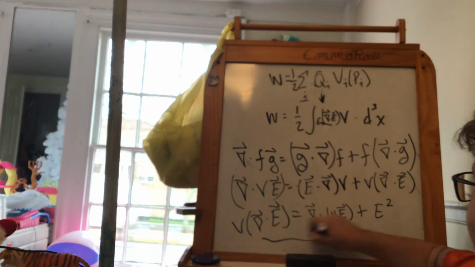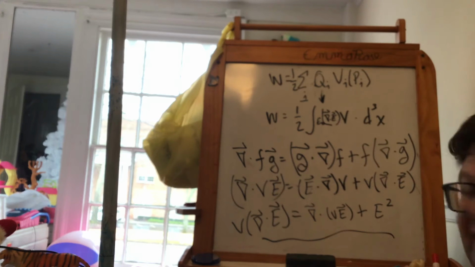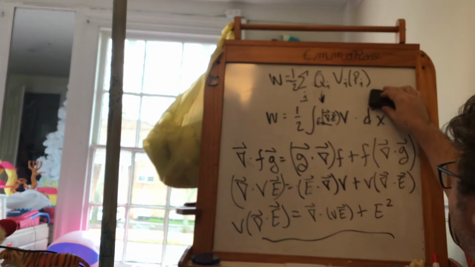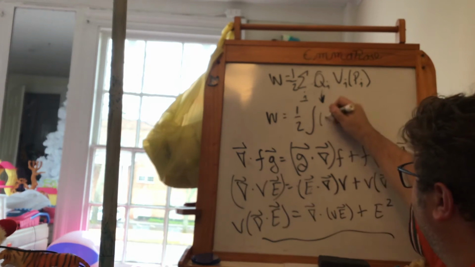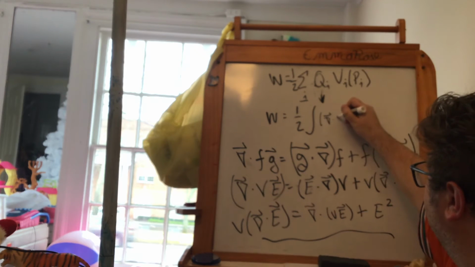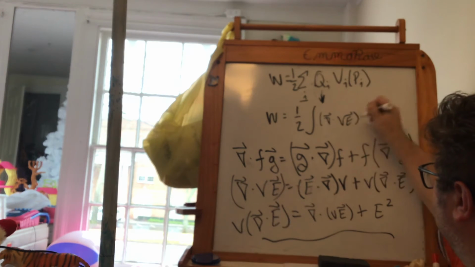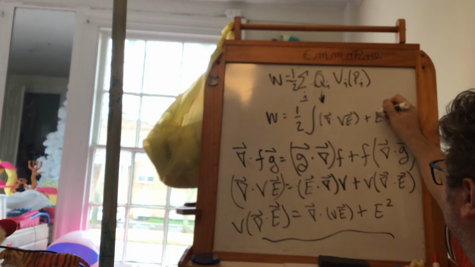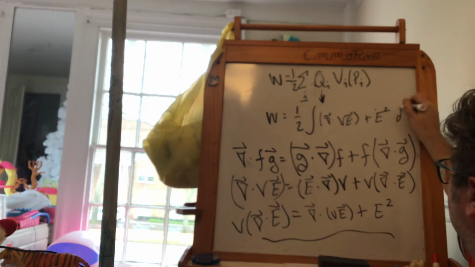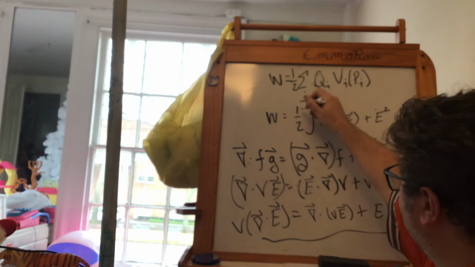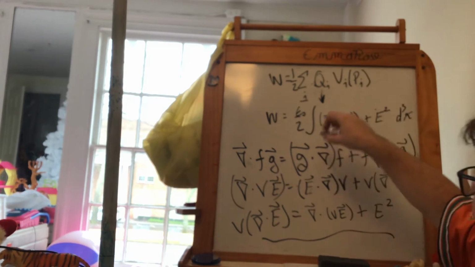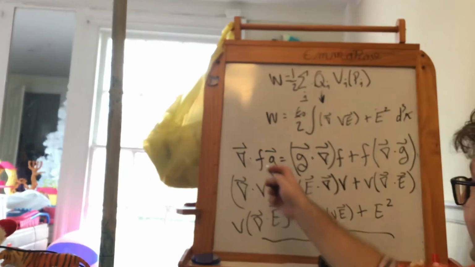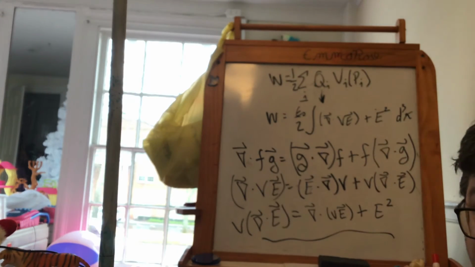So I can take this and plug it in there for that term, because this and this are the same. So when I do that, I get the following: the divergence of VE plus E squared d3x. And of course there is an epsilon naught here, because there was an epsilon naught before that I had to pull out, and I didn't have the epsilon naught in this part.